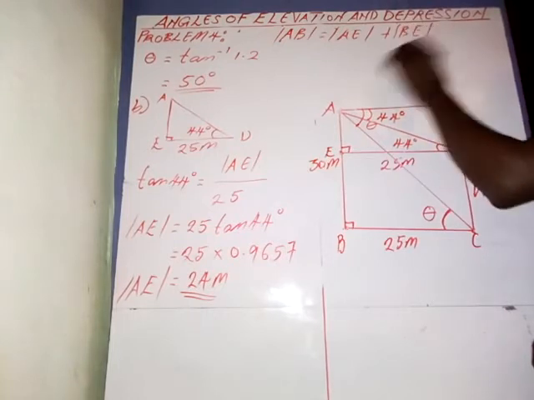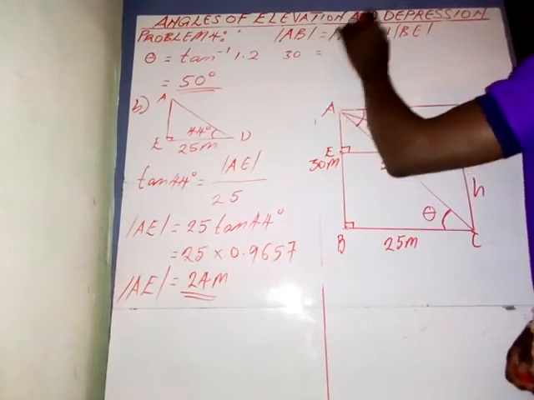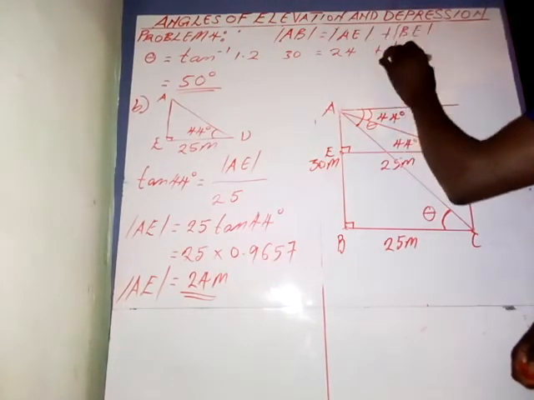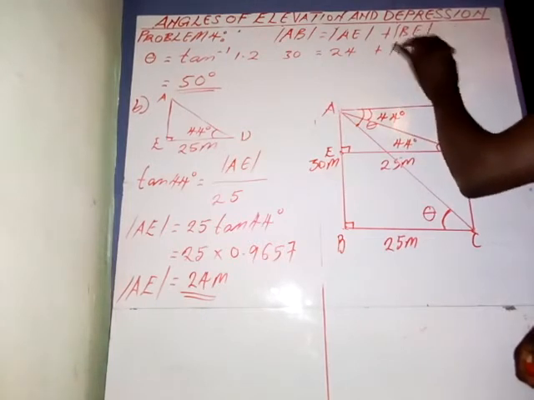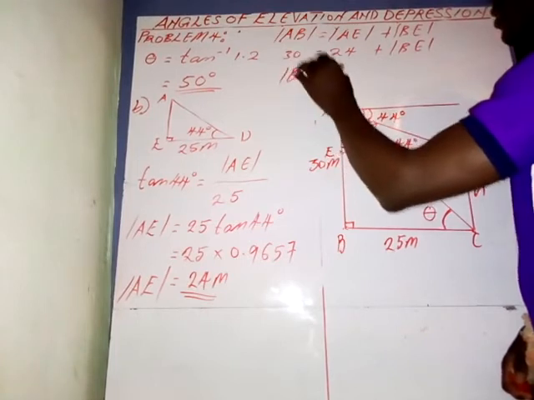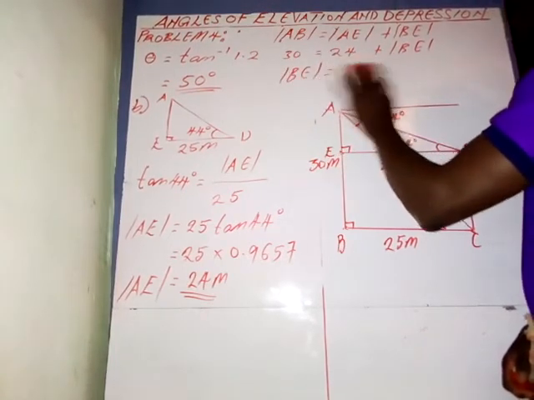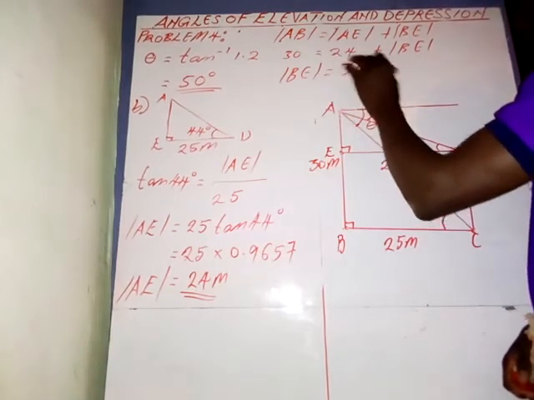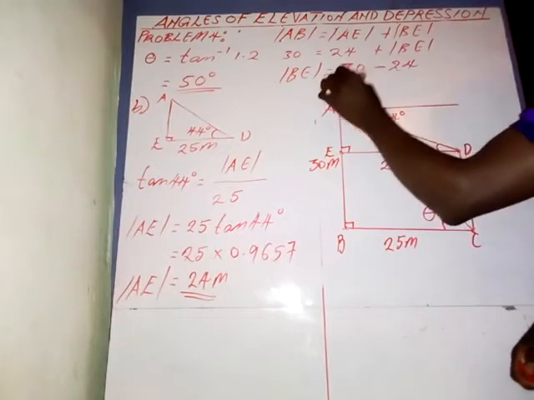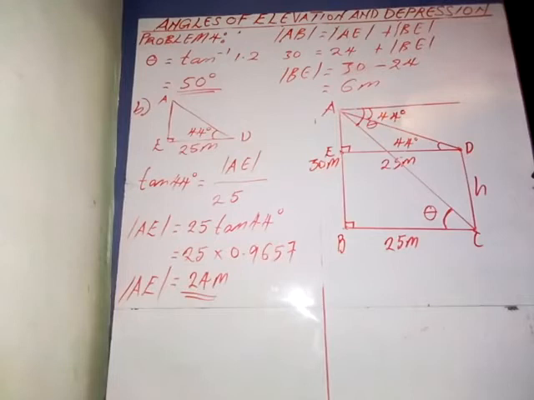This is 30, AE is 24, plus BE. I want to get BE, so I bring it to this side, and this will be equal to 30 minus 24. 30 minus 24 gives me 6 meters. So BE is 6 meters.